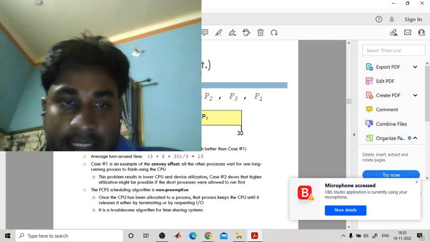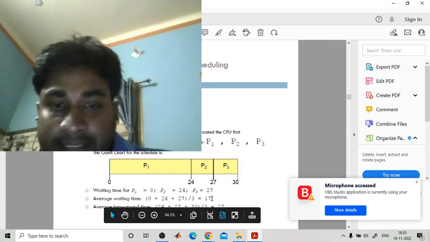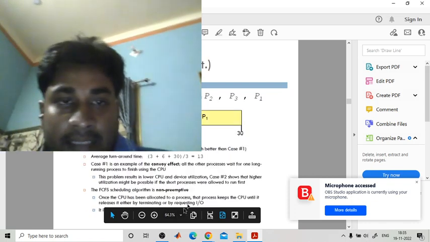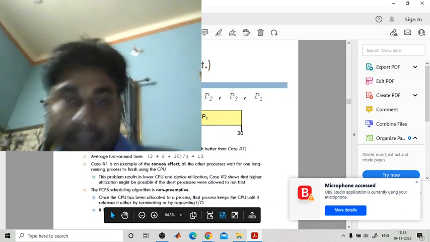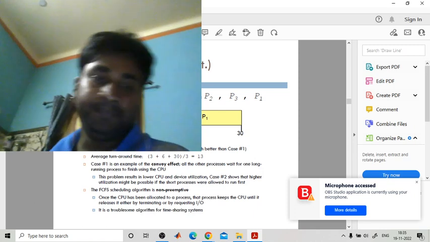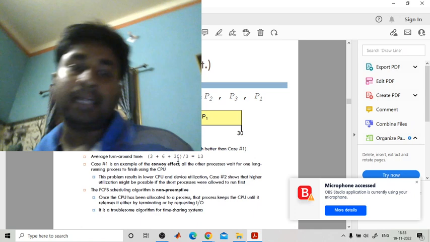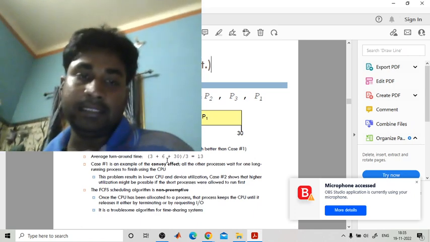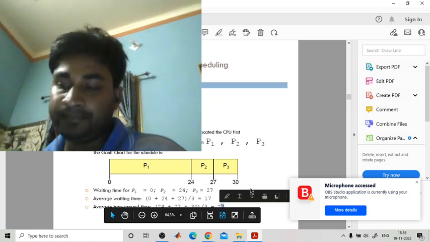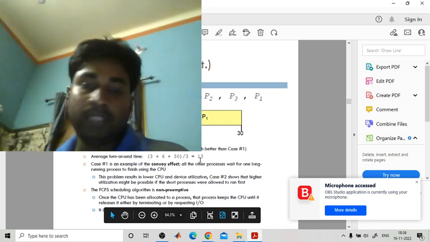You can see in the previous case, the average waiting time is 17. But in this case, if we change the order, then we can see that the waiting time is actually better than the previous one. Also you can see that the turnaround time is actually decreasing here. In the previous case, the average turnaround time is 27, whereas in this case the turnaround time is actually 13 here.